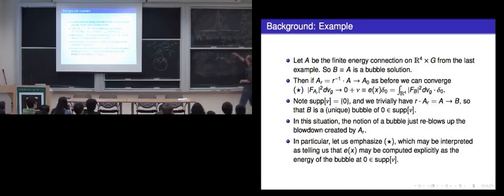So the multiple of the Dirac delta you got in front wasn't some random something. It was precisely the energy of the unique bubble you got at that point, and that turns out not to be a coincidence.